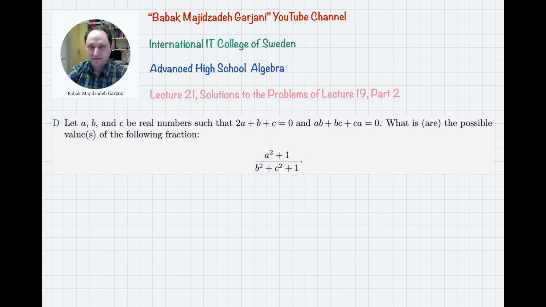So in general, we have 2 pieces of information and we have 3 variables a, b, and c. In general, 2 pieces of information is not enough for solving for 3 unknowns, unless it is a special case, and in this case this is indeed a special case.